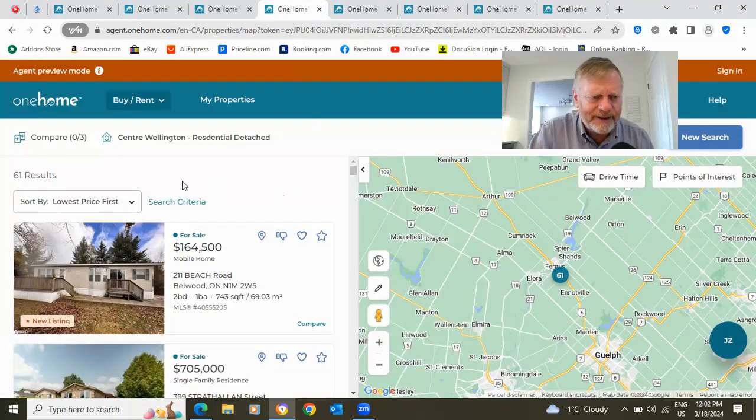Now, the next area that I've identified here is Center Wellington, and that includes Elora, Fergus, Belwood, places like that. Now, here, the very first one that shows up is actually a mobile home in a mobile trailer park.